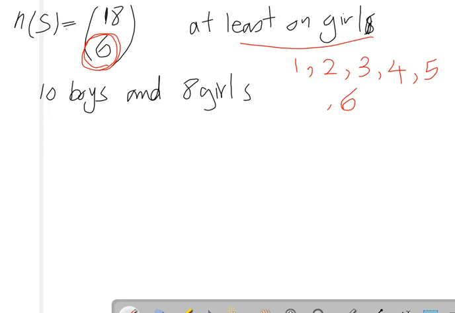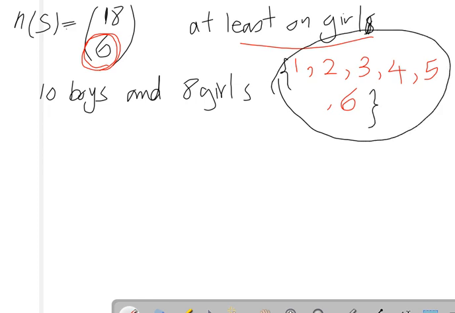So the complement of this set is no girl in the group.